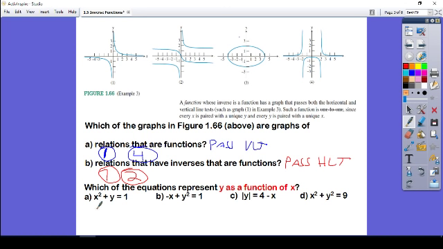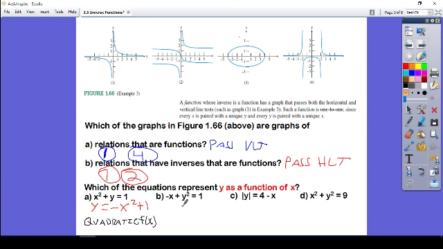When you simplify this, you could just rewrite this as y is equal to negative x squared plus 1, and that's totally a function. This is a quadratic function. So we've seen these before.